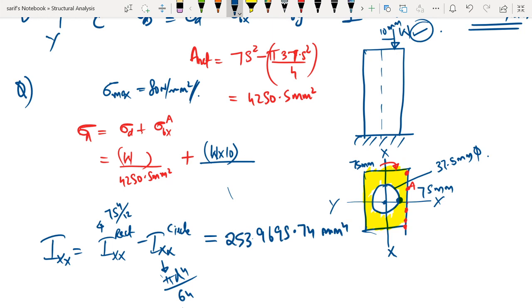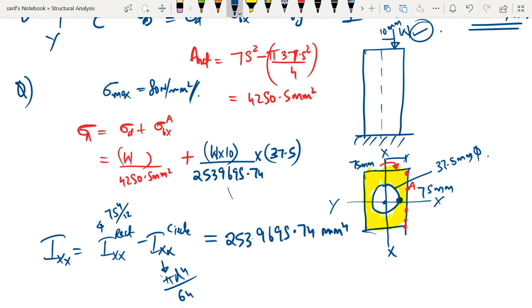So if we substitute that value of Ixx here, it is 2539695.74 mm raised to 4, multiplied by Ymax. Ymax is the distance from the x-axis to the extreme point, and that distance is 75 divided by 2, which is 37.5. So this is going to be the value.